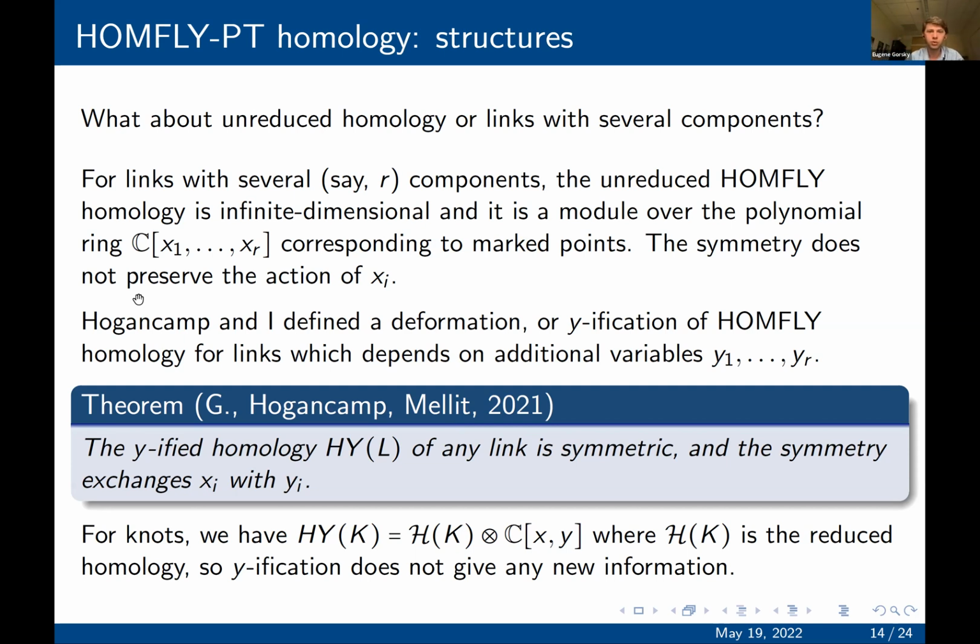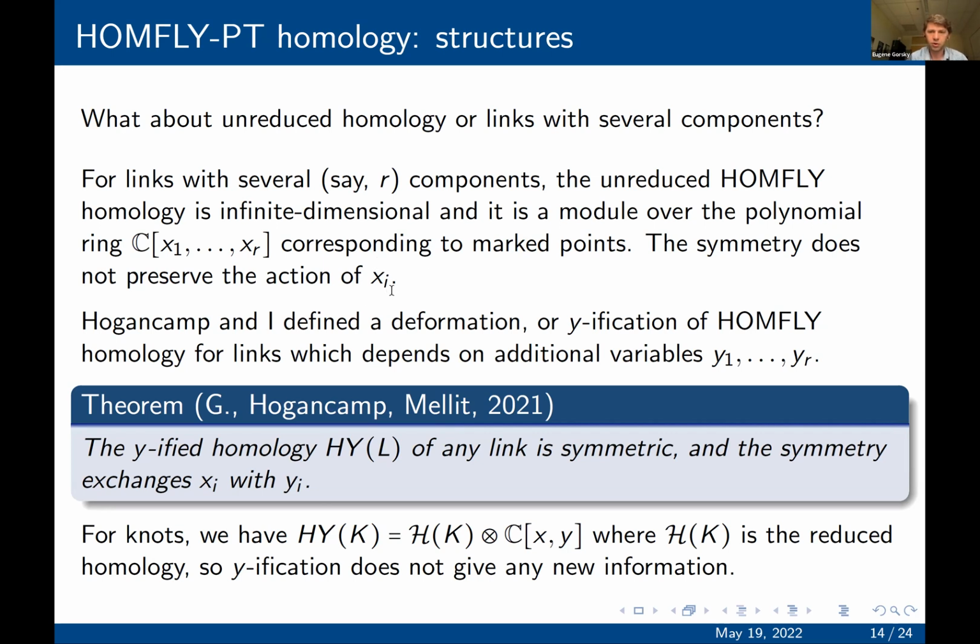All these different actions would commute, and this would lead to an action of this large polynomial ring on the link homology. And if you want some kind of symmetry or SL2 like on the previous slide, you can't do it directly because the symmetry doesn't preserve this xi, it doesn't preserve the degrees of xi.